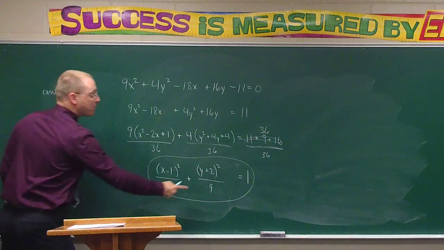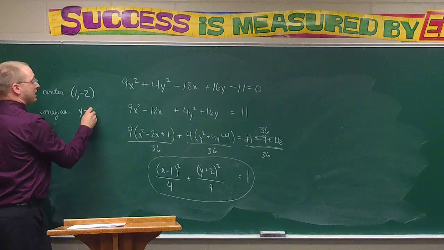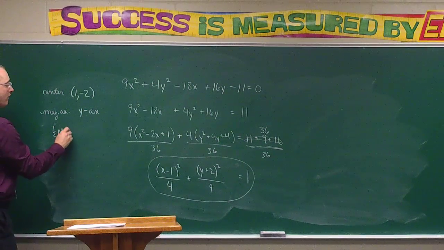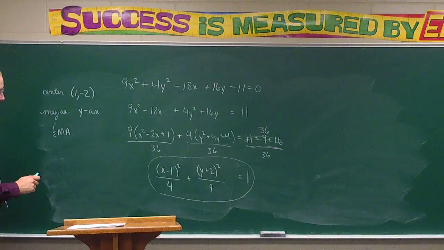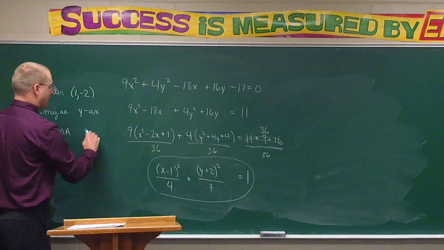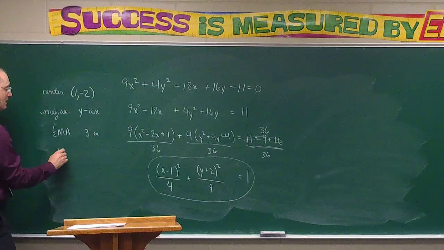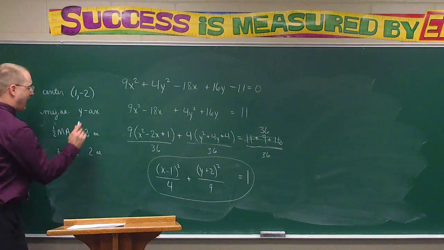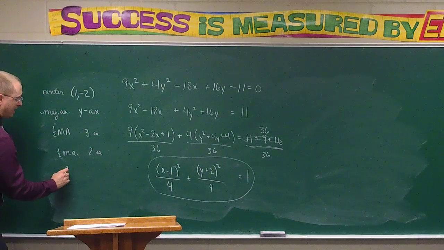Y-axis. The one with the bigger number, remember, major means it's bigger, so it's the y-axis. How long is each side of the major axis? 3. 3 each side, total of 6, but 3 each side. That's usually what we did in class. How about each side or each half of the minor axis? 2 each. 2 each.